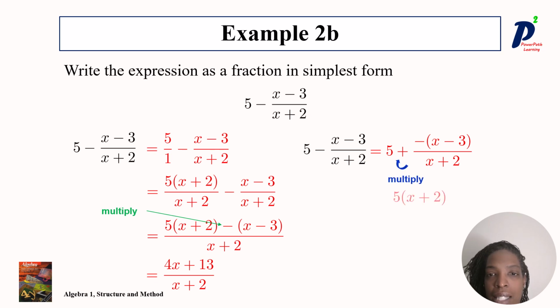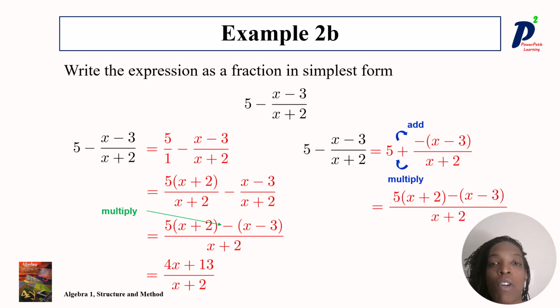Next, I'm going to multiply 5 times x plus 2. I'm going to add negative x quantity x minus 3, and that's all over x plus 2. Take a minute, simplify, and I get the same answer. I'm really curious how many of you like method 1. I feel like most of you will love method 2.